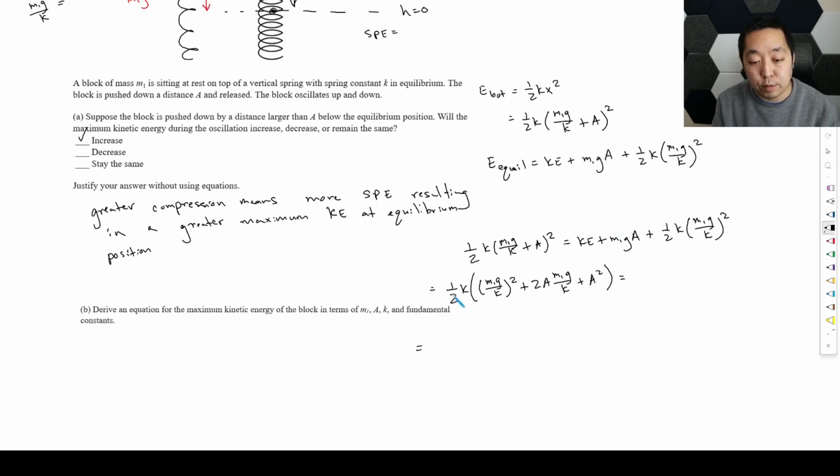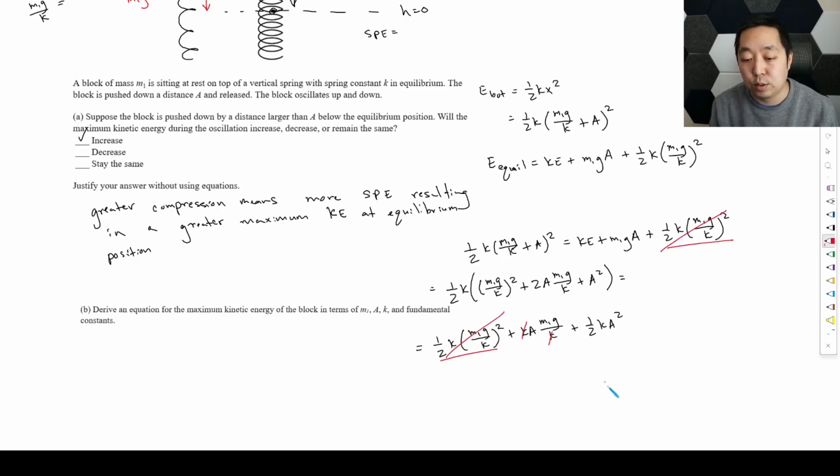And if you FOIL out the 1/2 k, you get 1/2 k times (M1g over k) squared, and 1/2 k times that, the 1/2 times 2 cancel, so you have kA M1g over k, and then 1/2 kA squared. Now the k's here cancel. And one of the things you should note is that if you look at the left side and the right side, this term and this term match. So you can subtract them.